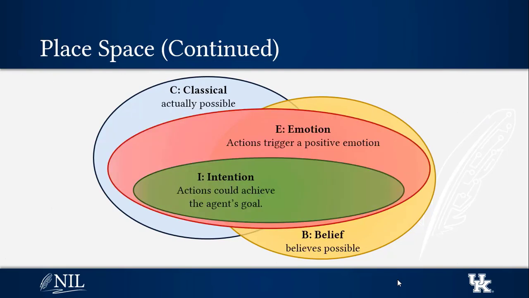In this paper, we also add another set, the set of character plans that trigger a positive emotion. It is possible for a plan to increase a character's utility and make them feel joy, but it is also possible for a plan to make them feel relief, happy for, or gloating, which don't necessarily increase their utility.